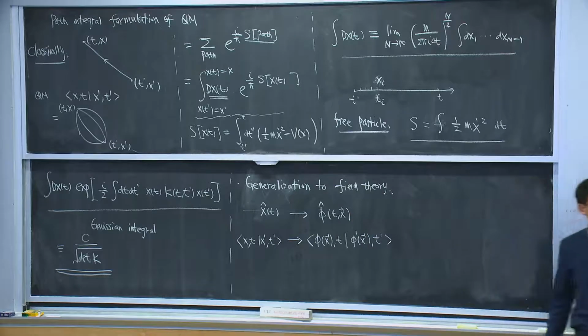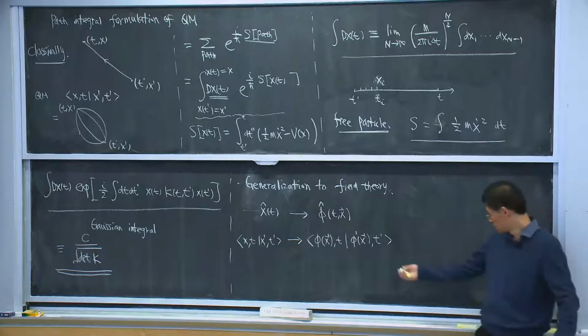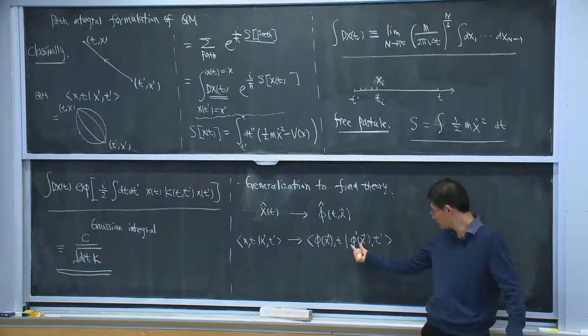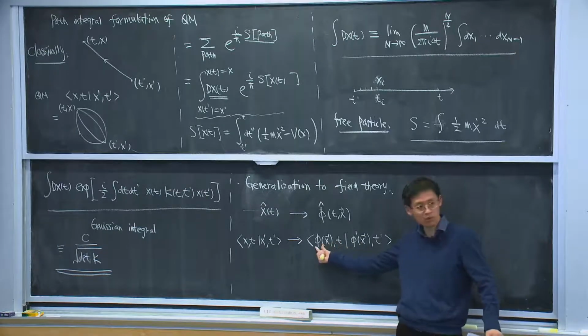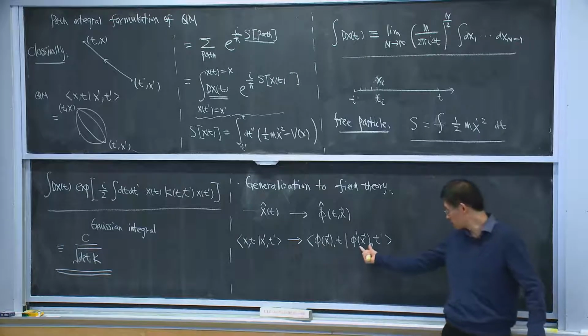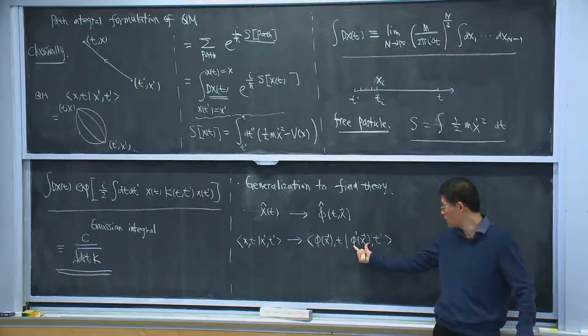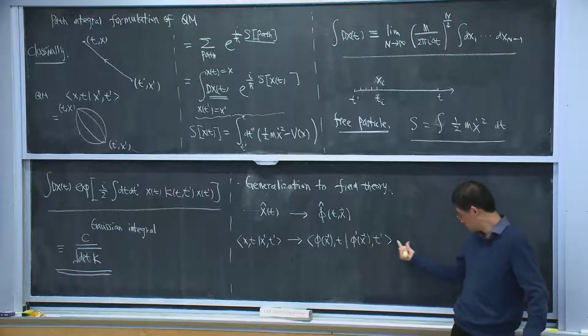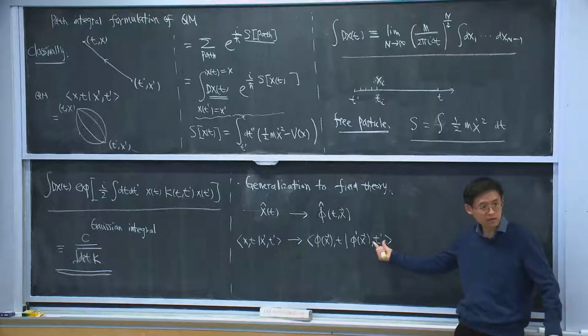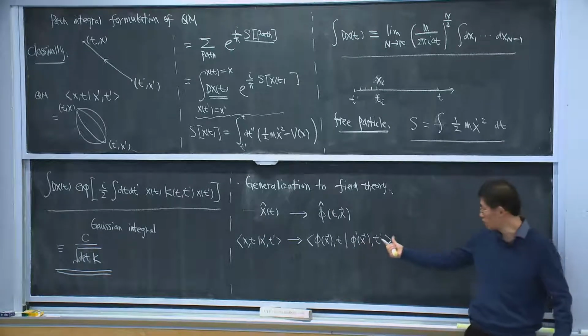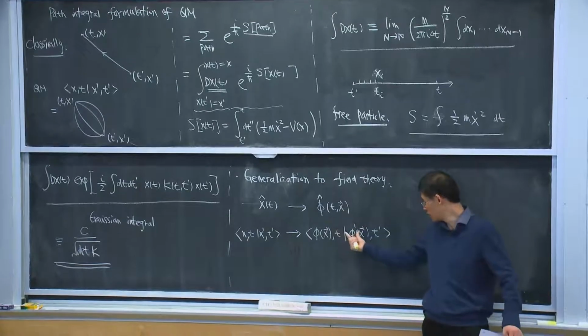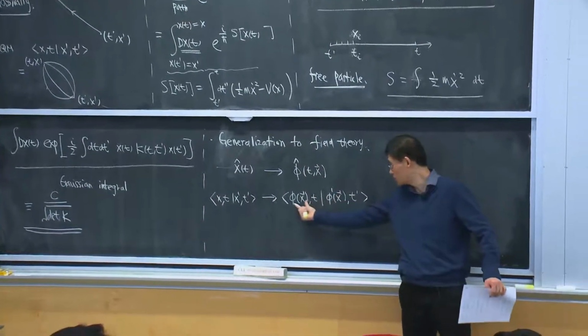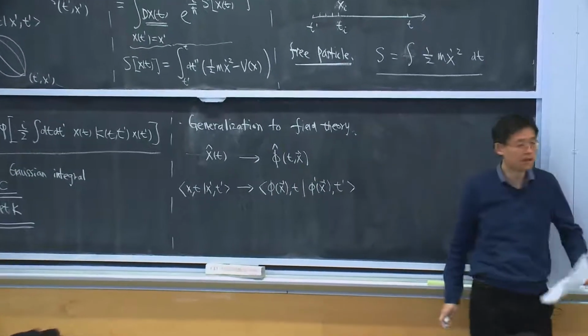Okay? Again, the way to think about this is that you should view this x as a label. It's as if we have an infinite number of positions. I just have an infinite number of phis, which are eigenvalues of this operator at time t and at t prime, and similarly here.